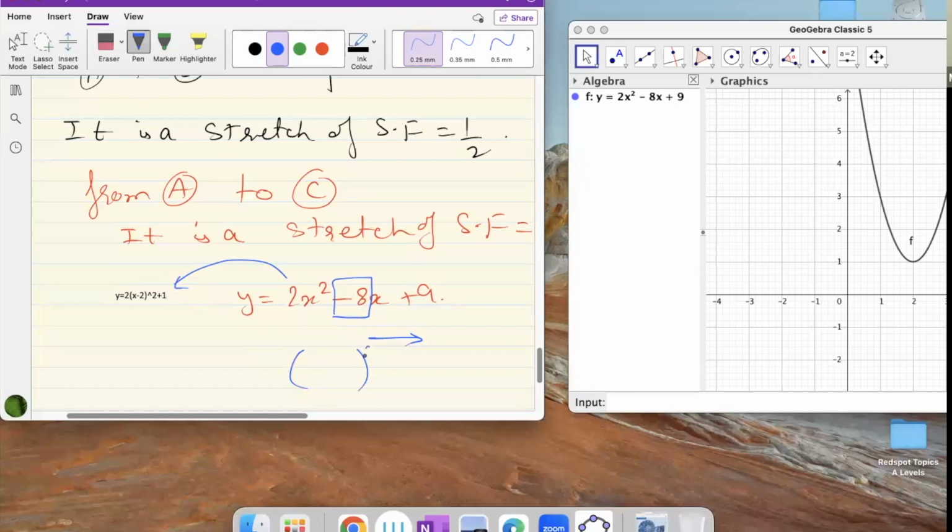Whenever we go for completing square, we close a bracket, write x and copy this sign over here, negative sign. And whatever the number is, it will be 2. This is 2 plus 1. The next step is half of the coefficient of x, which would be plus 2 square minus 2 square. Solving these, we get our completing square form.